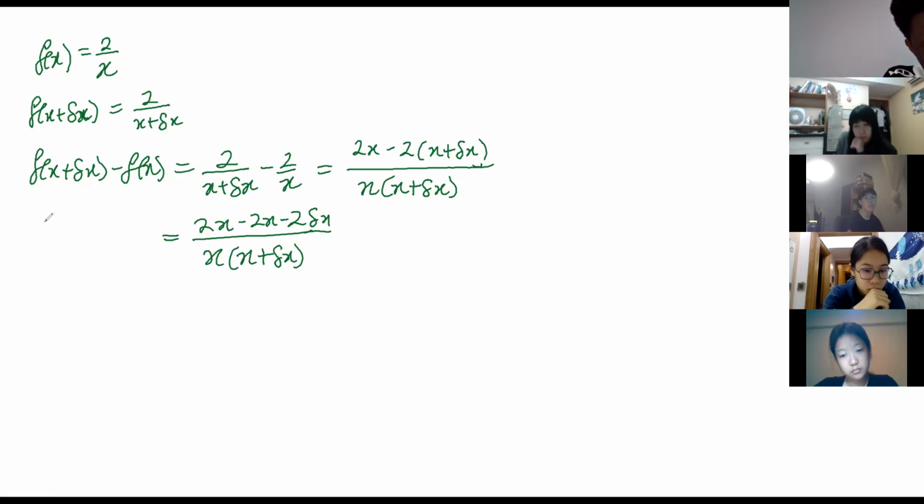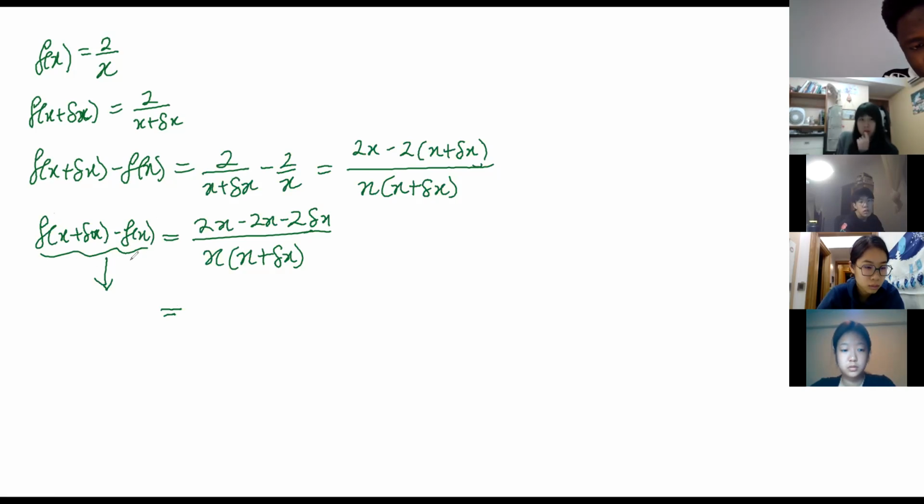So this is still f of x plus delta x minus f of x, right? And we all know that this simply means what? Everyone. This simply means delta y. So I can write delta y as negative 2 delta x divided by x bracket x plus delta x. Do you agree?